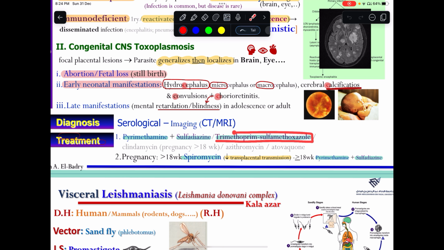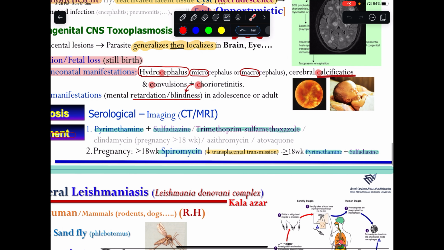Or during a woman's pregnancy, if it's less than 18 weeks, we have spiramycin. And spiramycin is mainly to decrease transplacental transmission.